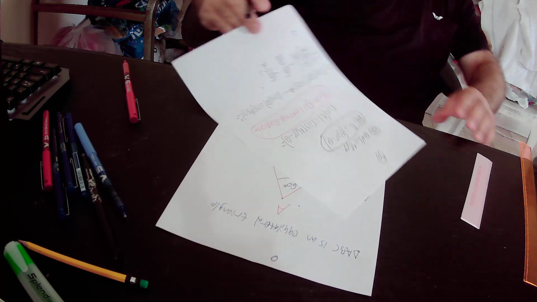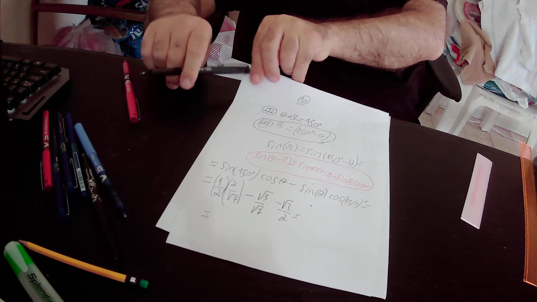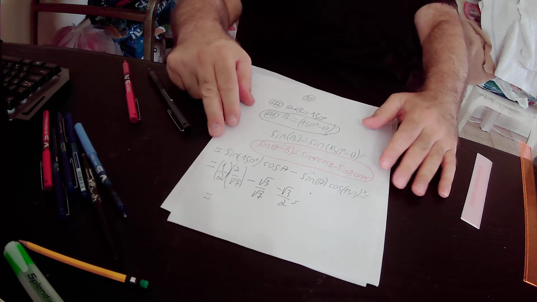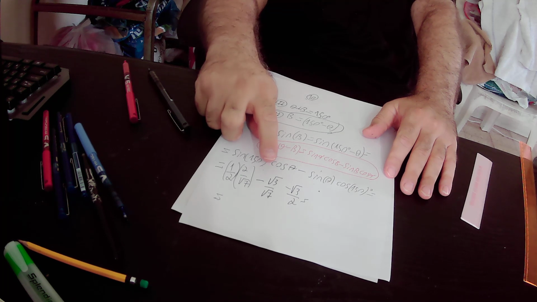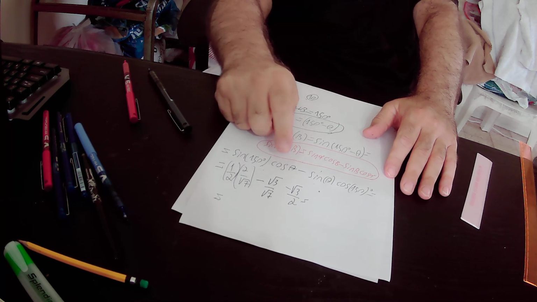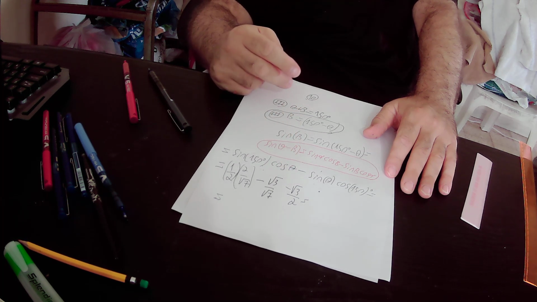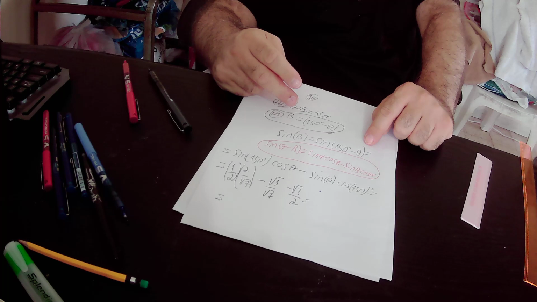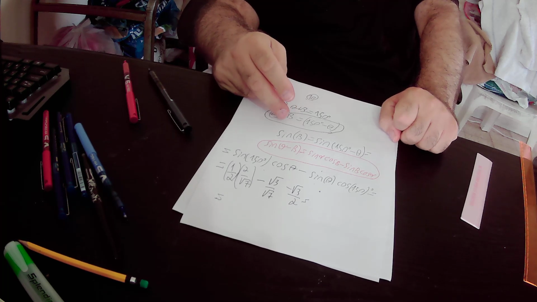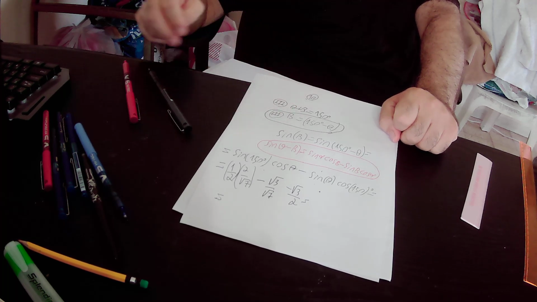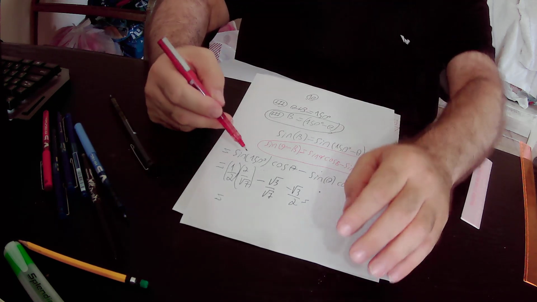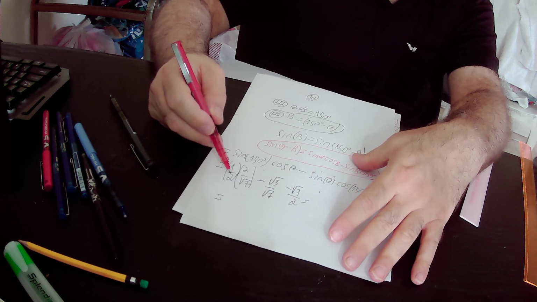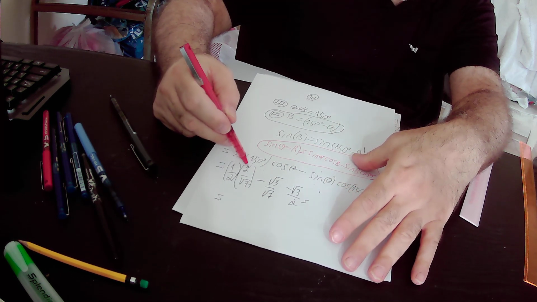So in total we got 1 over 2 times 2 over root 7 minus root 3 over root 7 times root 3 over root 2, that is actually the value of sin(150 degrees minus theta), which equals sin beta. Here we have 2 in the numerator and 2 in the denominator, so we can cancel 2.